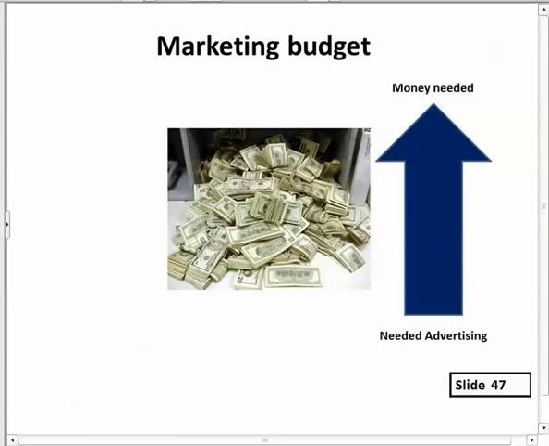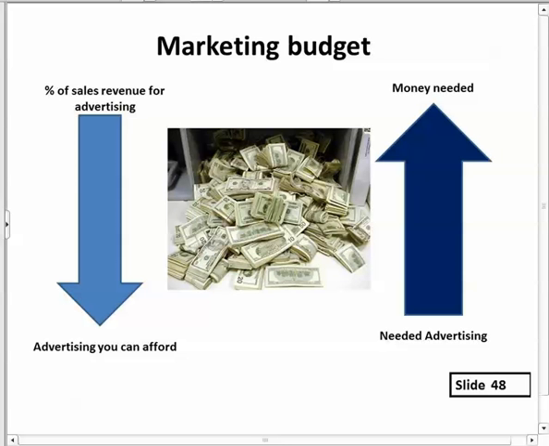Okay. The flip side is taking a certain percent of your sales, of your revenue that's coming in, and saying, I'm going to devote this amount of my revenue to advertising. And you can find out what the industry average is for your particular business or the industry that you're in.